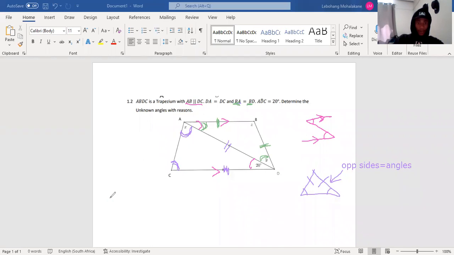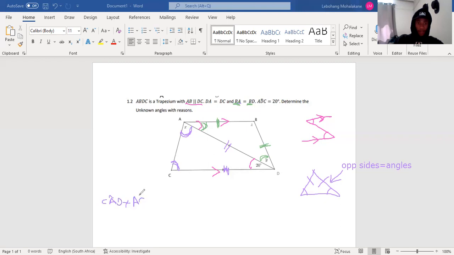I'm going to say angle A, this angle here, it's CAD. For those who are struggling with labeling triangle angles, this is CAD. This is the angle X plus angle ACD, this one.